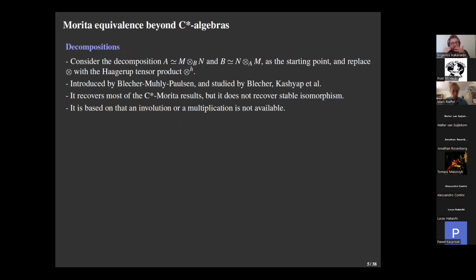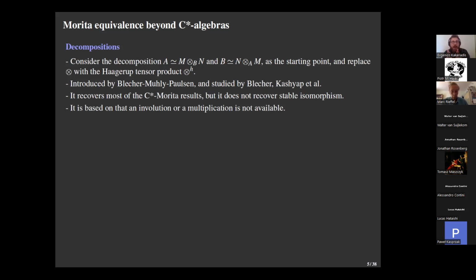And it has been very fruitful. It recovers, first of all, most of the Morita results in the C-star theory. One thing that doesn't recover is the stable isomorphism, though. So in the presence of a unit, you may have Morita equivalent operator algebras that are not stably isomorphic in this sense.